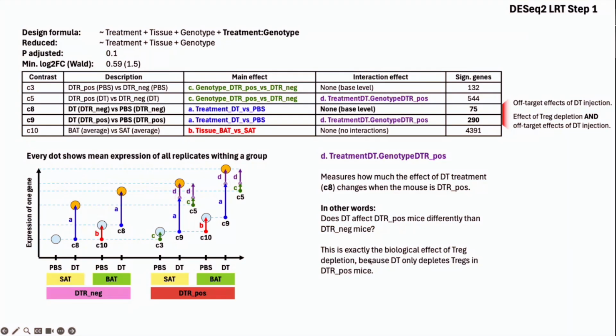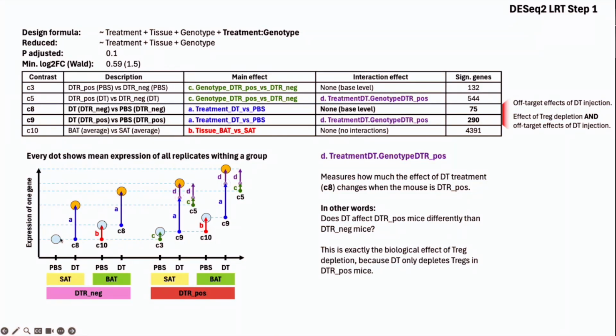And this is exactly the biological effect that we were trying to answer. If you look at this plot, we will see that the only contrast that remained the same between DTR negative and DTR positive is what is caused by tissue. So this B here is exactly the same as here, but all of the other contrasts are now calculated differently.